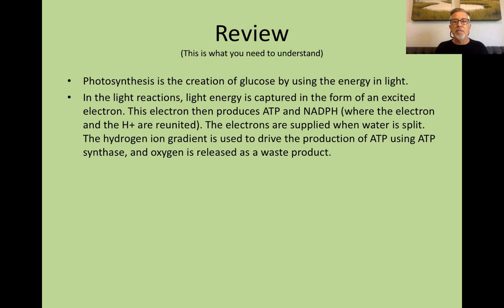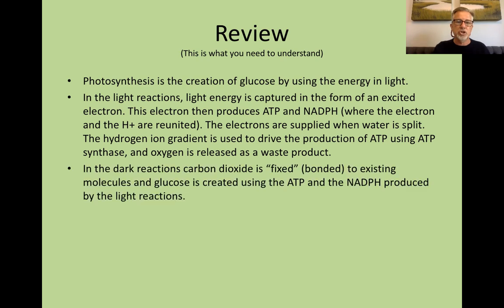This electron then produces ATP and NADPH, and new electrons are supplied to the system by the splitting of water, and oxygen is released as a waste product. One of the electron transport chains in the light reactions produces a hydrogen ion gradient that is used to produce the ATP, and the other one directly produces NADPH.